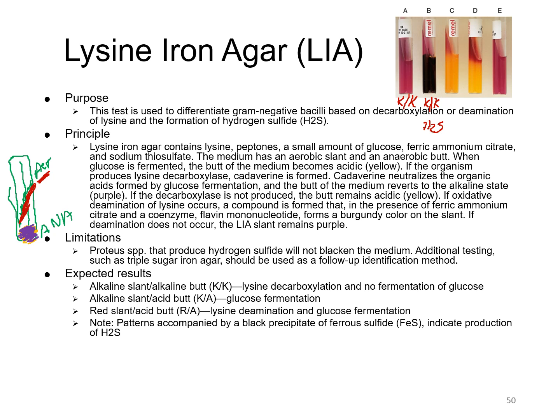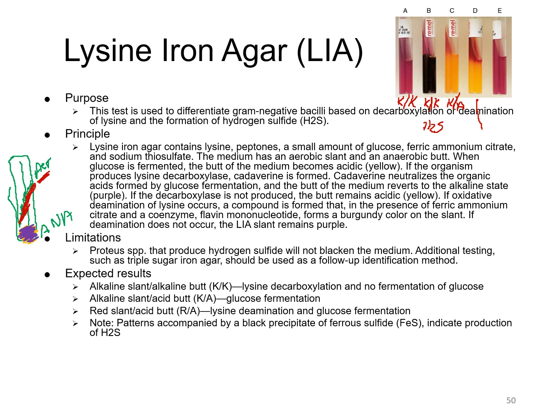And then our next slant, we do have an alkaline. You can see that little bit of magenta color up top with an acidic. So there at the bottom, that has turned to an acidic, so it has actually fermented the glucose.